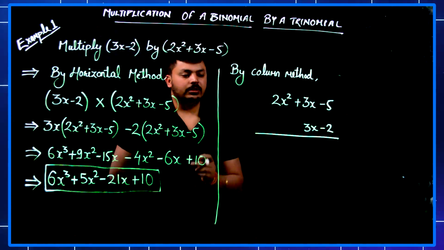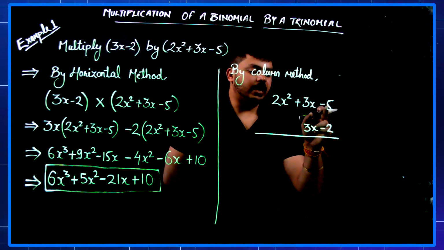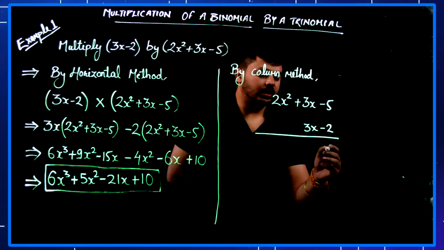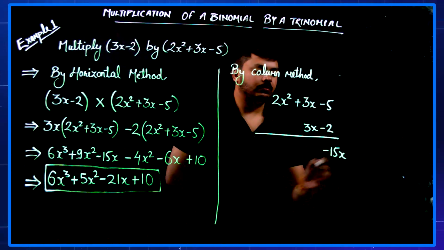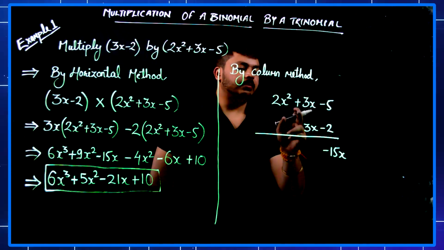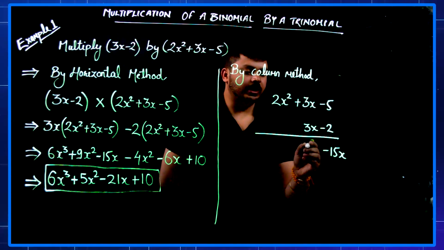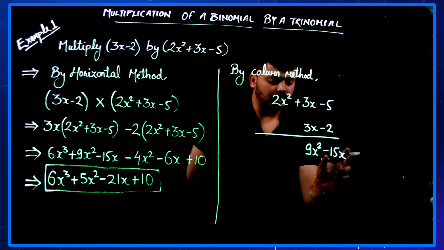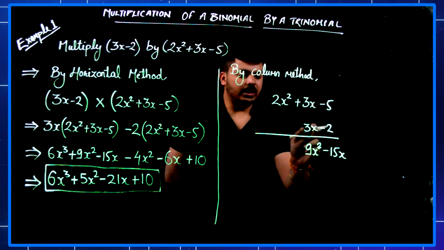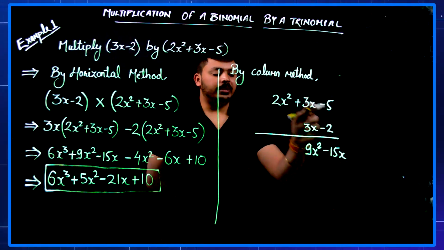So 3x multiplied by minus 5 gives minus 15x. Now 3x multiplied by plus 3x gives 9x square. So we have to maintain the column when we multiply the next term with the complete trinomial.